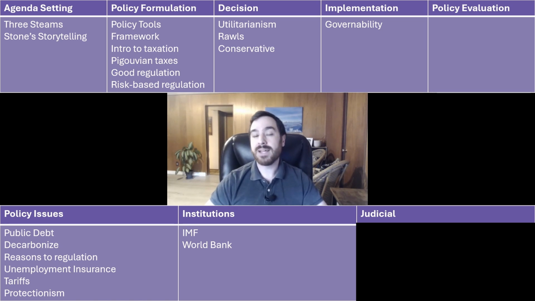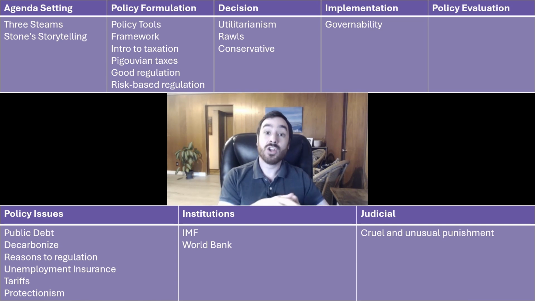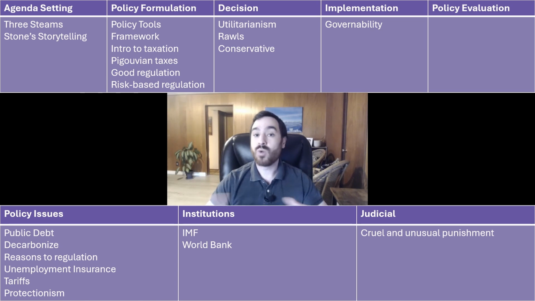But also sometimes how legislation is written or how constitutions are written can influence which public policy choices are made. And so I have one video that I would put in this category, which is when I did a deeper dive on cruel and unusual punishment. But there's certainly a swath of videos that I could do falling into this bucket.